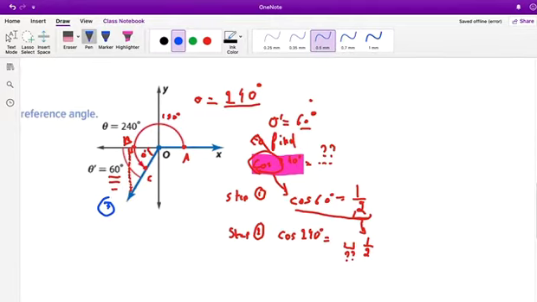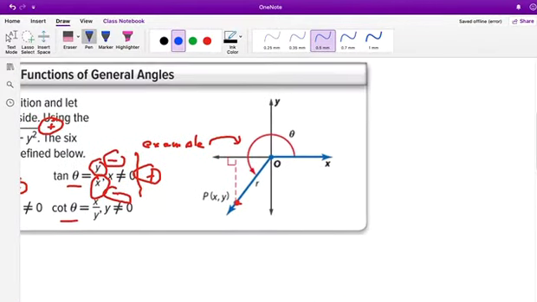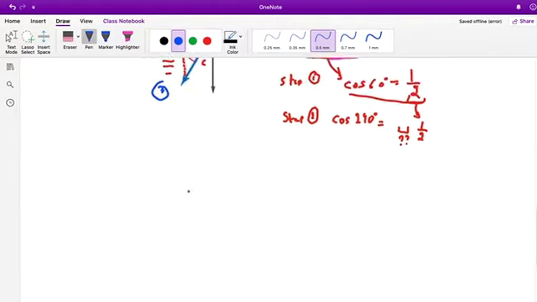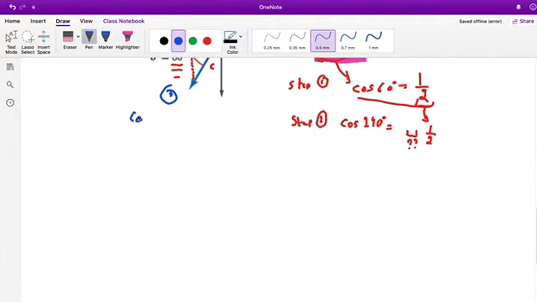Now, what we said before, guys: cosine is equal to x over r. Cosine of theta, for sure. And r we said we don't care about. All the sign depends on the sign of x.